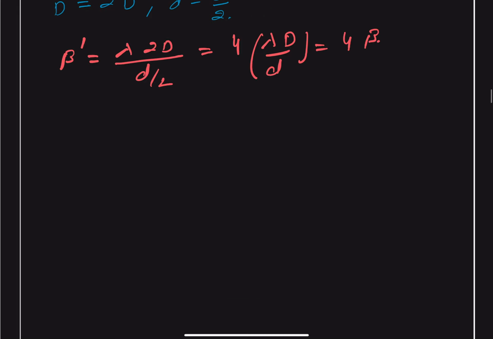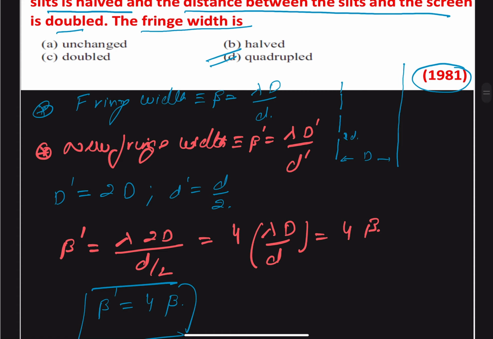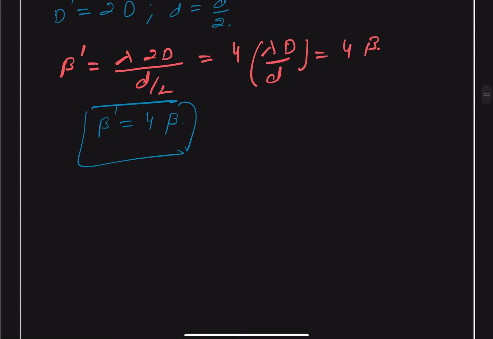Okay. So new fringe width, that is beta prime, will be equal to 4 times the original fringe width. Okay. So we can say it has quadrupled. So option D is correct.